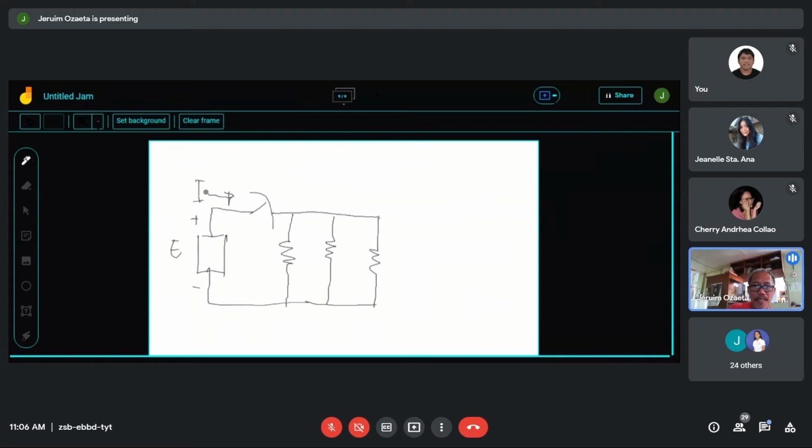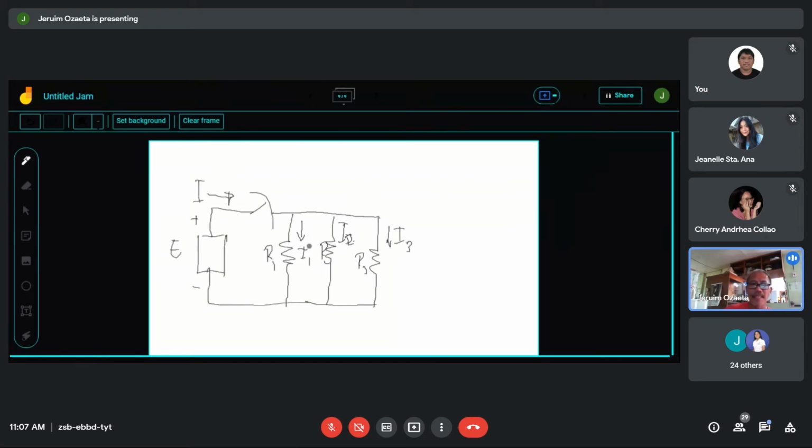But this current I from the source will now divide such that there will be current through R sub 1, so there is current I sub 1, R sub 2, so there is current I sub 2, and there is current I sub 3.